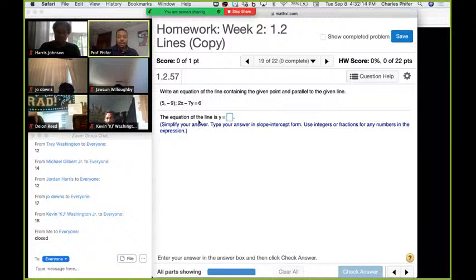Okay, equation of a line containing the given point and parallel to this. Did we do one like this already? Let me look at our notes. So we've done 21, 6, 13, 5, 1. Okay, let's go ahead and do this. So this is question number 19, right?